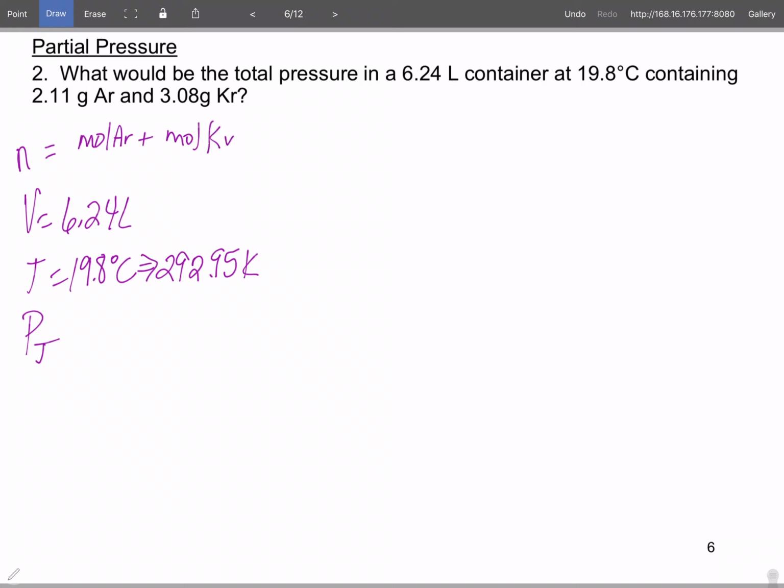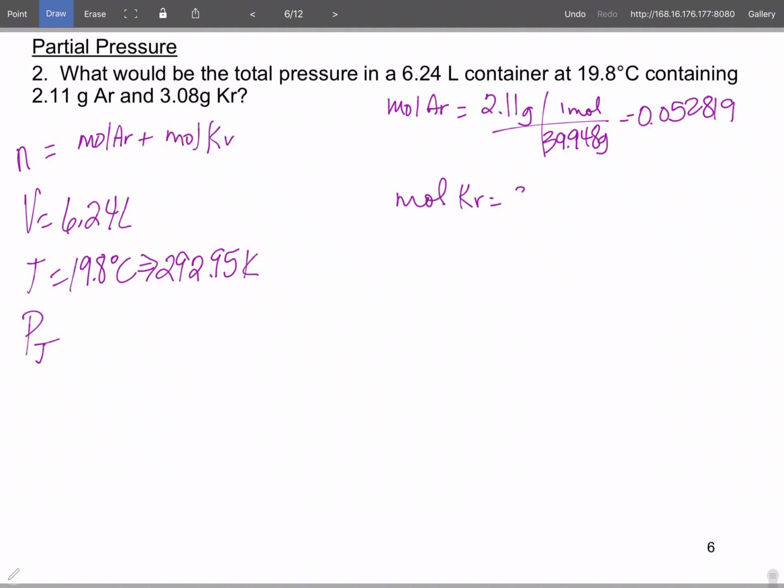Well, how do we find them? If we have moles of argon, we'll come over here and say 2.11 grams of argon. The molecular weight of argon is 39.948 grams per 1 mole. That gives us a whopping 0.052819 moles. For krypton, it's 3.08 grams.